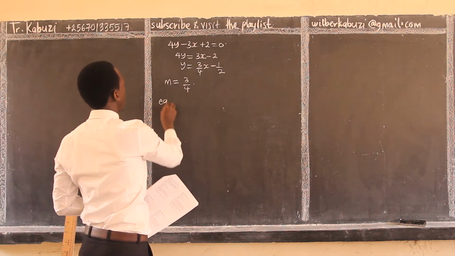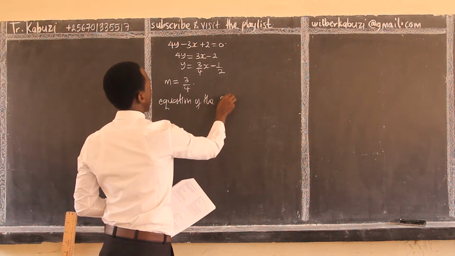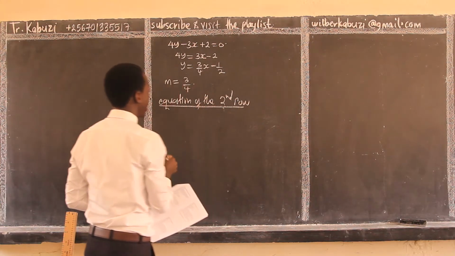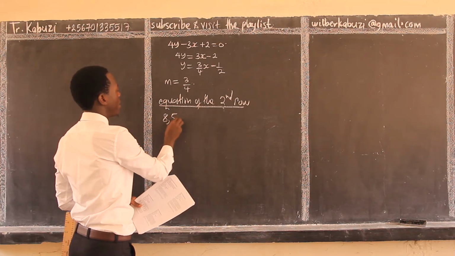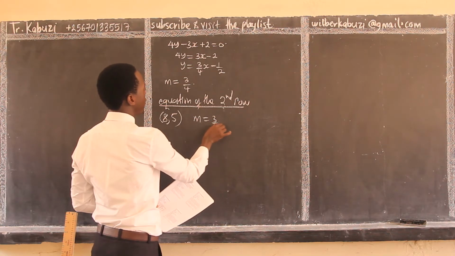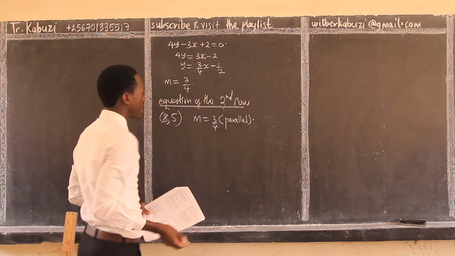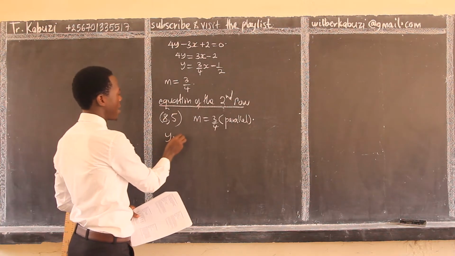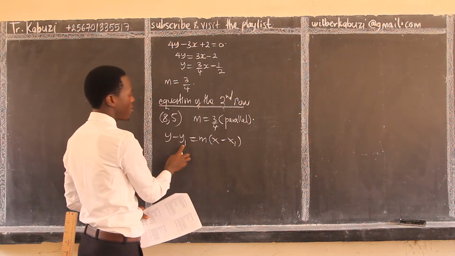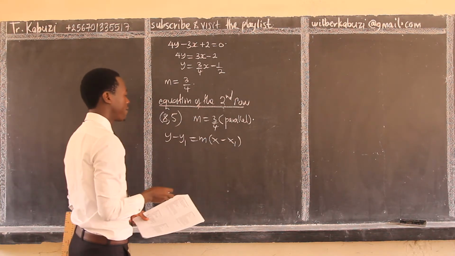So now I come and get the equation of the second row. Remember it passes through (8, 5). So my gradient still is going to be 3 over 4. Reason: they are parallel. So we can use our formula, y minus y1 equals m into x minus x1, where x1 and y1 are the points where the line is passing and m stands for the gradient.